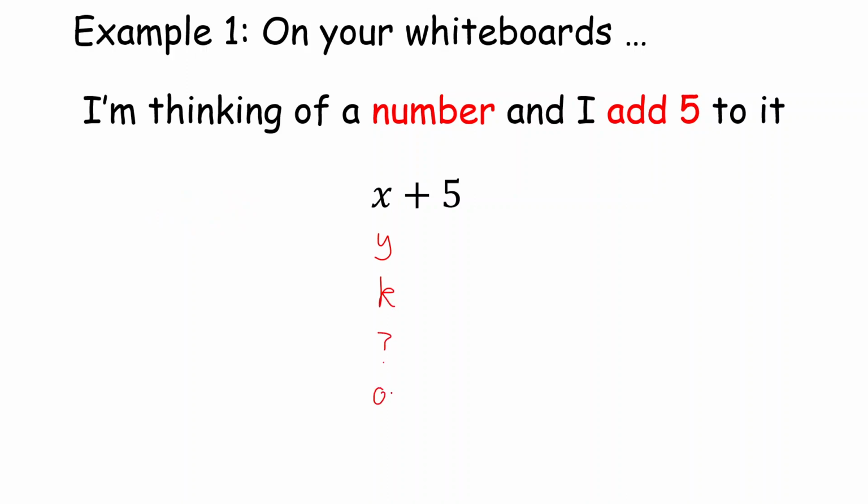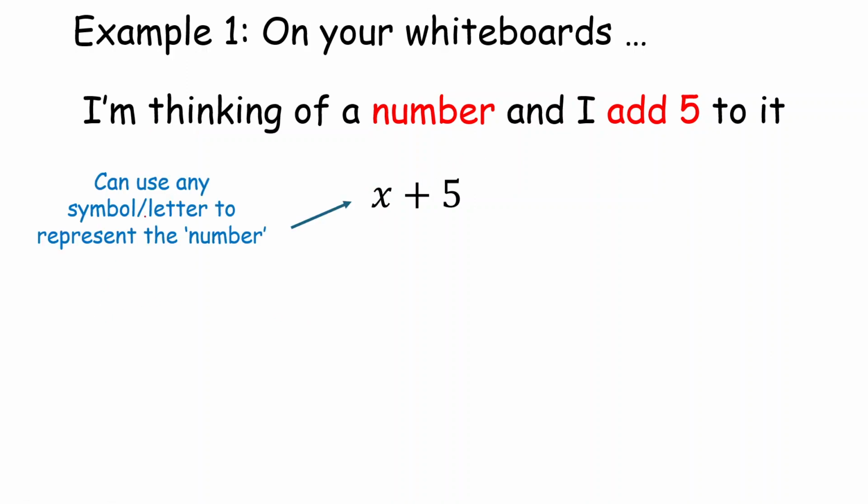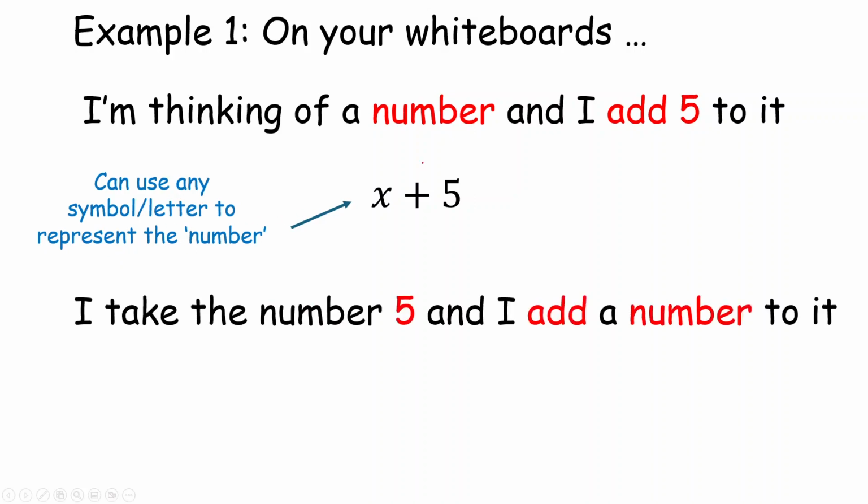But I've chosen x because that's a letter we commonly use in maths. So I'm thinking of a number, which is the x part, and I add 5 to it, hence the +5. So that is it, and you can use any symbol or letter to represent that number. Maybe nothing too crazy there.